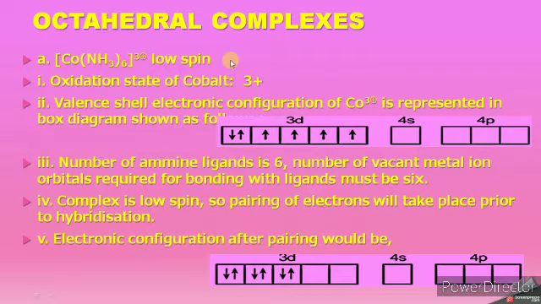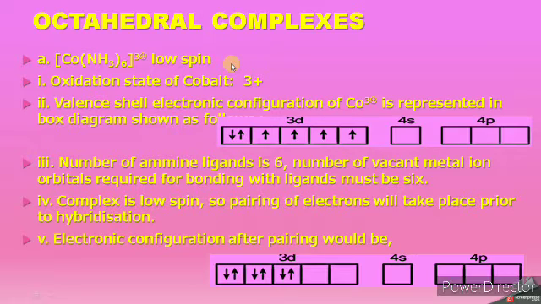It is very easy to write the electronic configuration of the first transition series from 21 to 30, according to the atomic number, except chromium and copper. So cobalt, atomic number 27: write down 2 electrons in 4s and 7 electrons in 3d. Before that you have to write the inert gas, that is argon. So the electronic configuration of cobalt is argon 4s2 3d7.